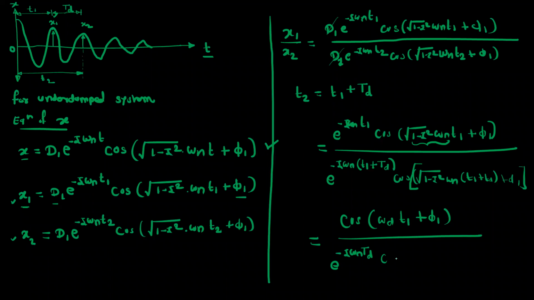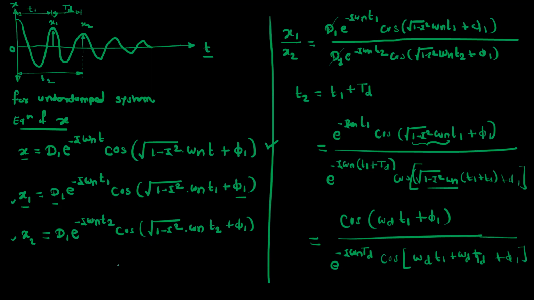Now in the bracket of cos, this value we can write as omega d, and just multiply: omega d t1 plus omega d td plus phi 1.